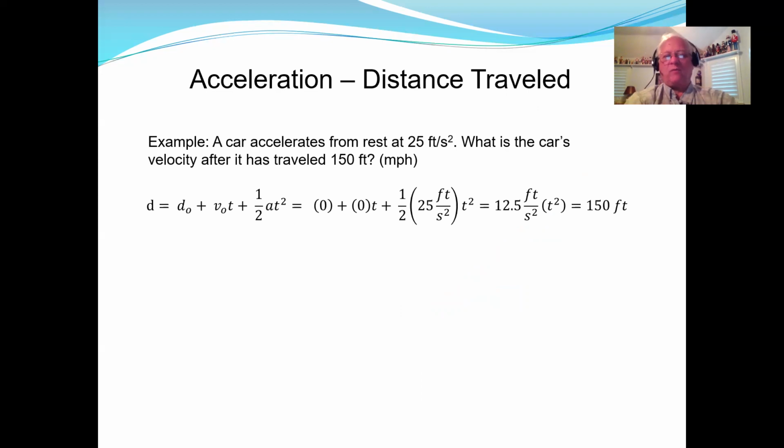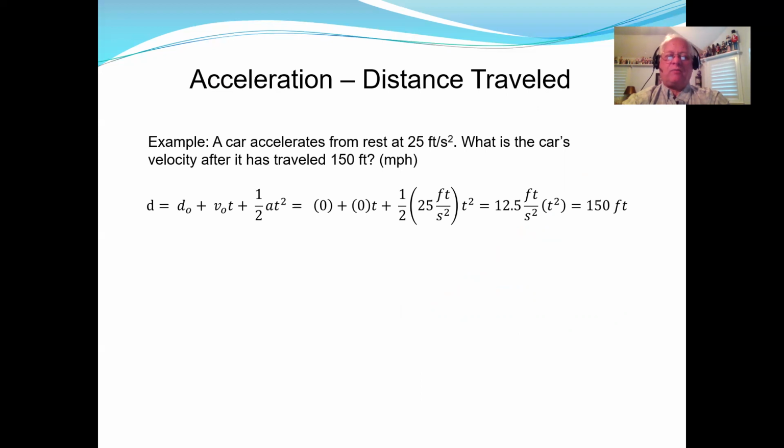I wrote the general form of the equation, but since it's accelerating from rest, v naught is 0, and I set my tape measure so that the acceleration starts at a distance equal to 0. So that's where I lay my tape measure, starting at the start of the acceleration. And so the 150 feet would be comparable then.